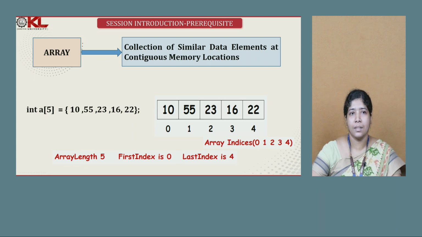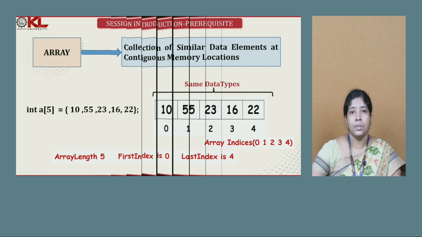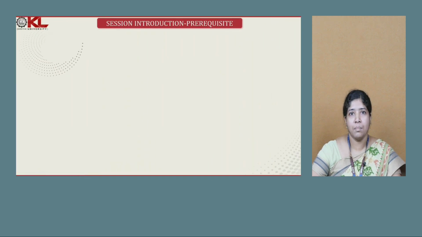We are familiar that an array can store values of the same data type only. So what is the limit of an array here?